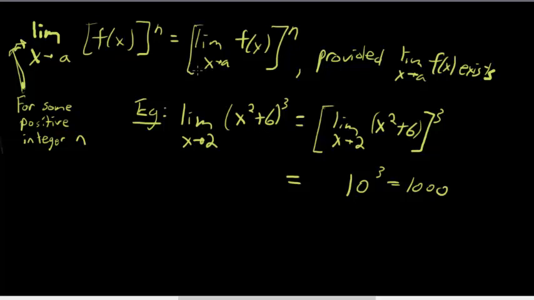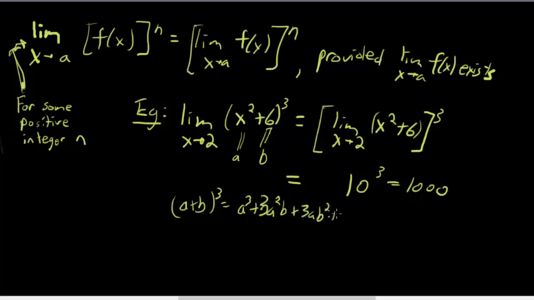Let's say we didn't have this property. What we'd have to do is actually expand this, and this is of the form a plus b cubed, so x squared would be a and 6 would be b, and if you remember from algebra, a plus b cubed is a cubed plus 3a squared b plus 3ab squared plus b cubed. So a is x squared, that's x to the 6th.